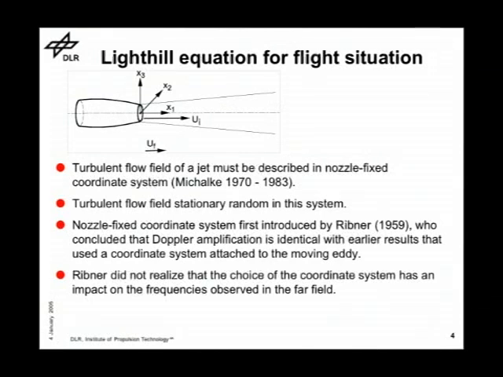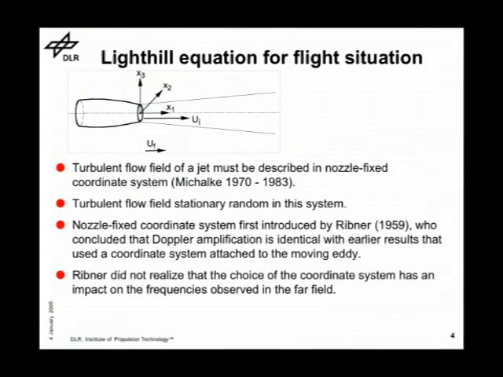So now I want to present how you can do this with the acoustic analogy. The first thing is that you have to study everything in a nozzle fixed coordinate system, not in the moving eddy system. In the nozzle fixed coordinate system, this was always done by Michel in his papers between 1970 and 1983. The reason is, in this coordinate system, all these turbulence values are stationary random.